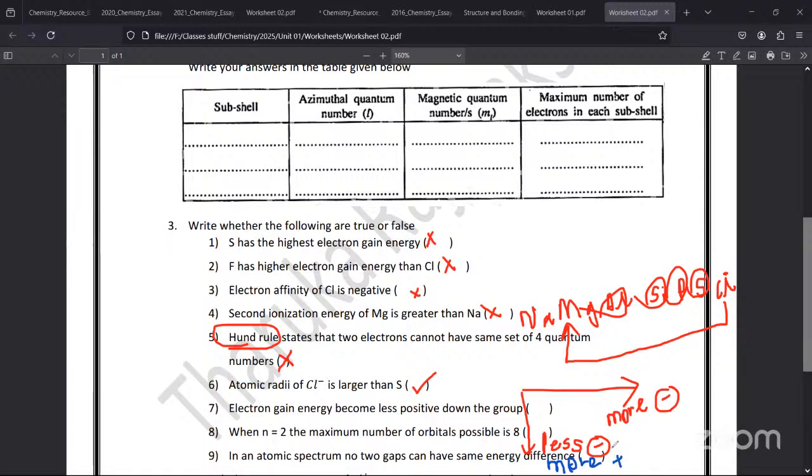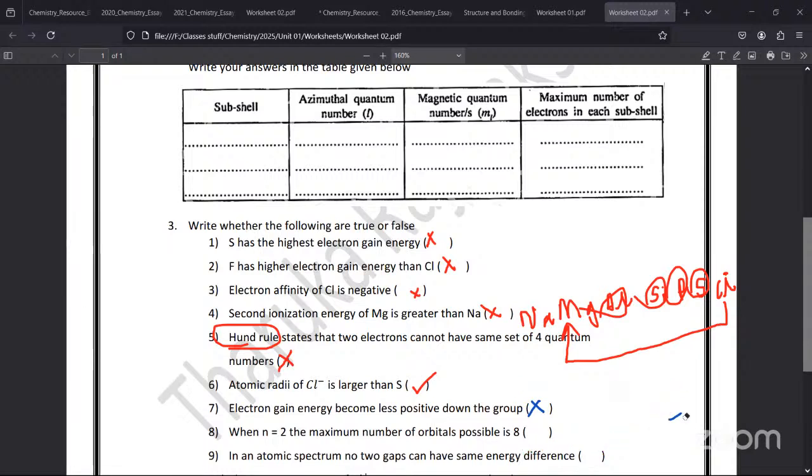Less negative means more positive. More negative means less positive. So the statement that electron gain energy becomes less positive down the group is wrong. It becomes more positive down the group. That is how you break down the question.